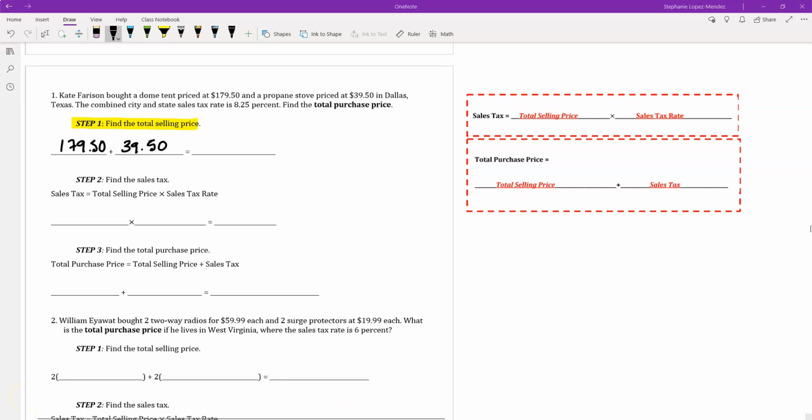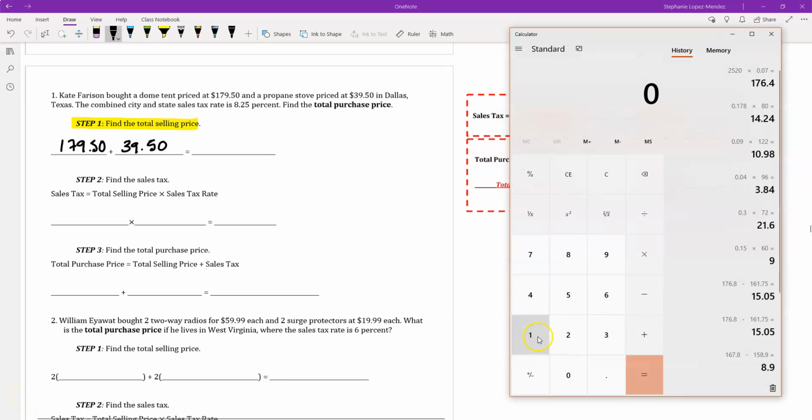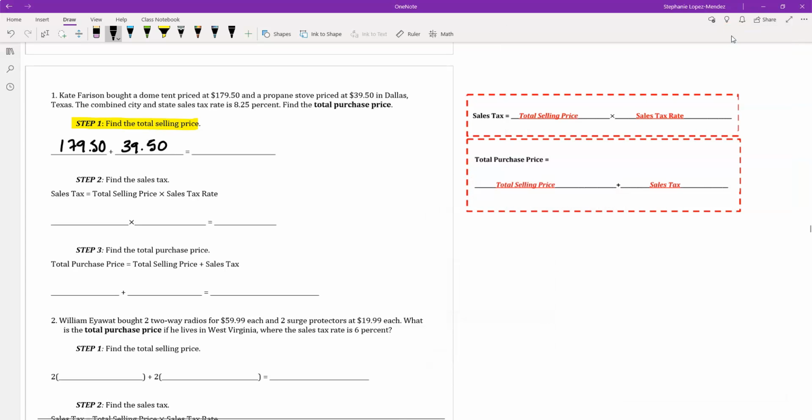And so I go to my calculator and it's $179.50 plus $39.50. That gives me a total of $219. So my total selling price is $219. Okay?